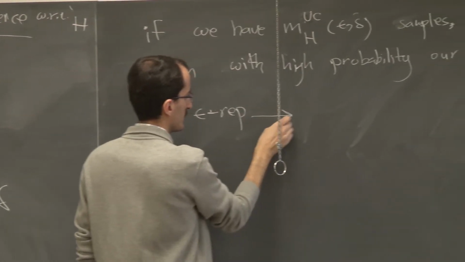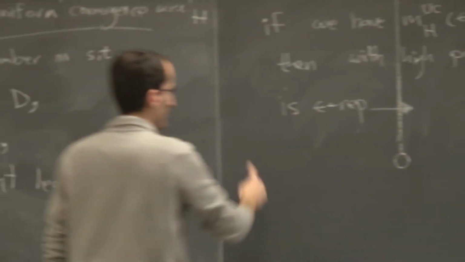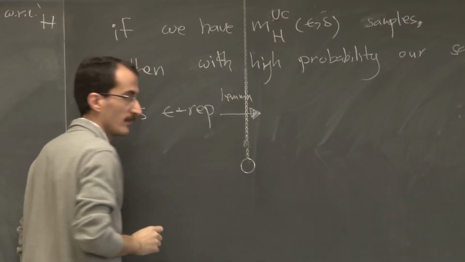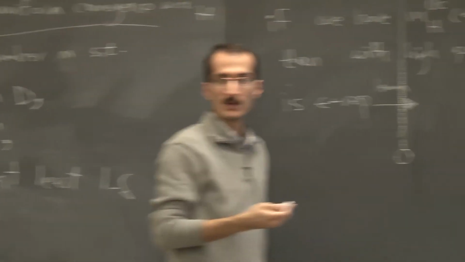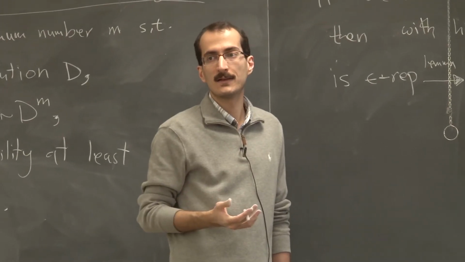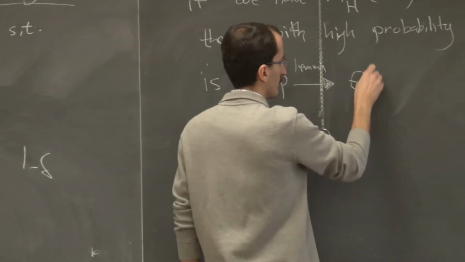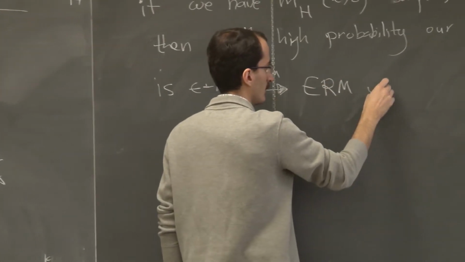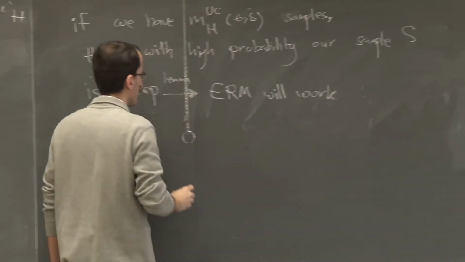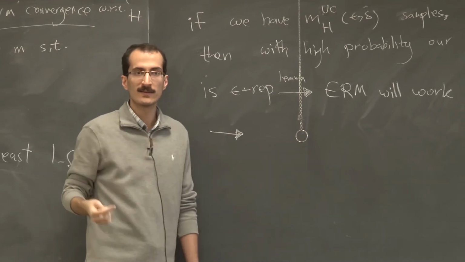Then, based on this and based on the lemma, we know that ERM will work in that situation. When we have an epsilon representative sample, then ERM is good on that. And because ERM works, we have found one algorithm that works.